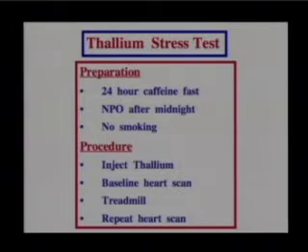The procedure goes like this. They come into the cath lab, an IV line is established, and thallium is injected. They then get a baseline heart scan, so they go into a scanning machine. Looks something like a CAT scanner, but they go into a scanning machine, get a baseline heart scan, then they're put on the treadmill.